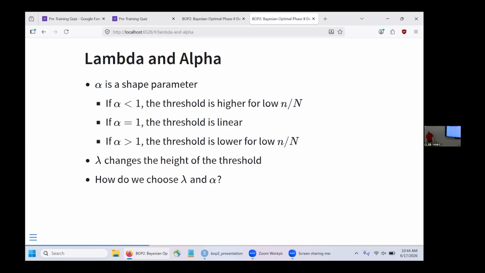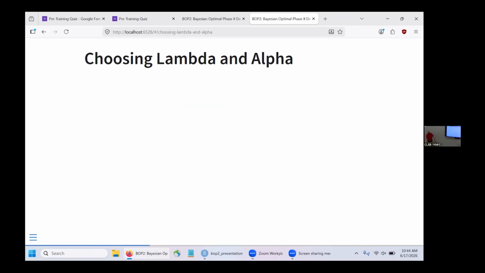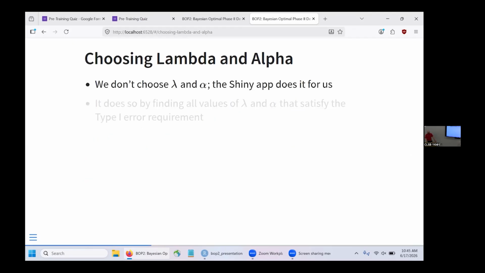How do we pick these values? We actually don't. The Shiny app is going to do this for us. It's going to find all values of lambda and alpha that satisfy the type 1 error requirement. So we had to set the type 1 error that we wanted, and it ensures that we're choosing lambda and alpha that satisfy this requirement.